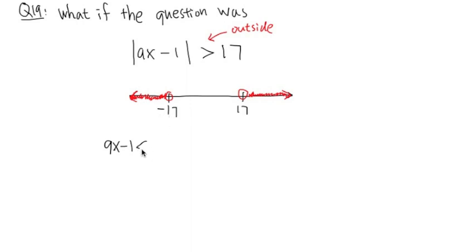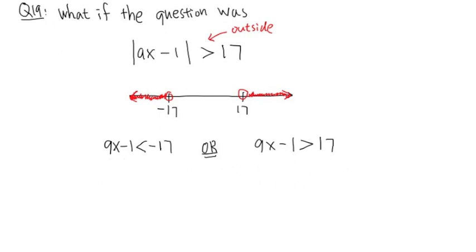So we just say, I will set 9x minus 1 less than negative 17 as one of my pieces. Or the second piece is going to be right here. The inside can also be, right here in this region, 9x minus 1. We are going toward the right, so it will be greater than, toward the right of the number 17, like this. And now we have two parts, so we have two pieces.